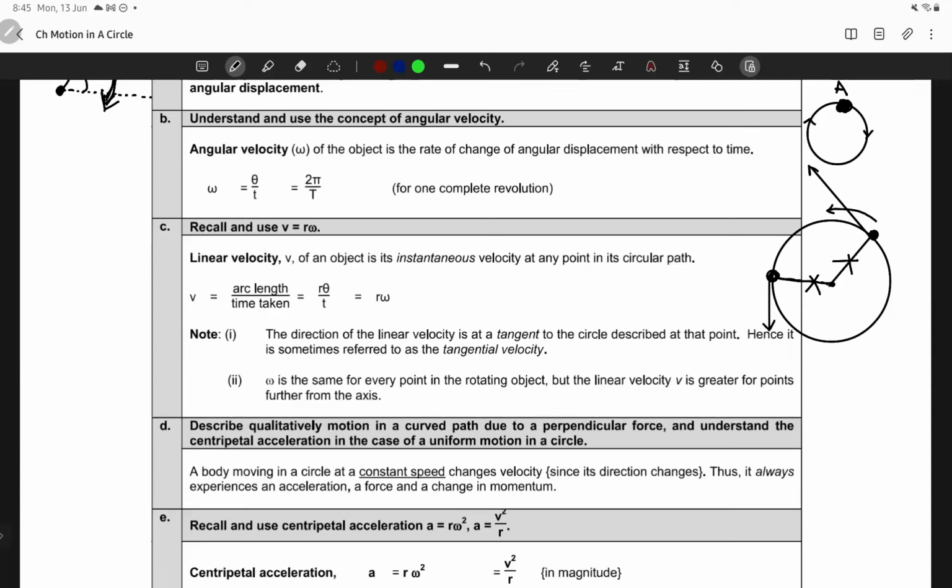The velocity with which it goes flying in this direction is known as the linear velocity, and it's represented with v. So that's the linear velocity.